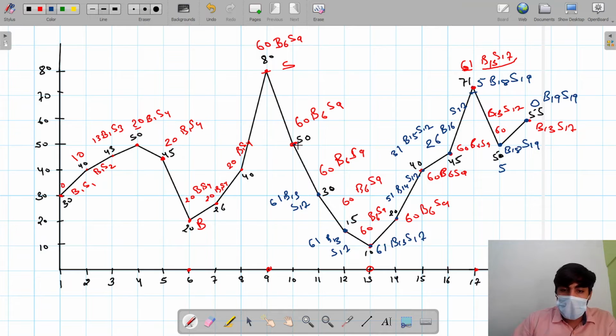Let's come here. If we buy today and sell at the highest price day, which is 70, we get a profit of 21, which is less than 61. So what we write here is 61, buy at 13, sell at 17. Okay, now move to that point. You can see here, if we buy today and sell in future, we don't have any day which has a maximum price.